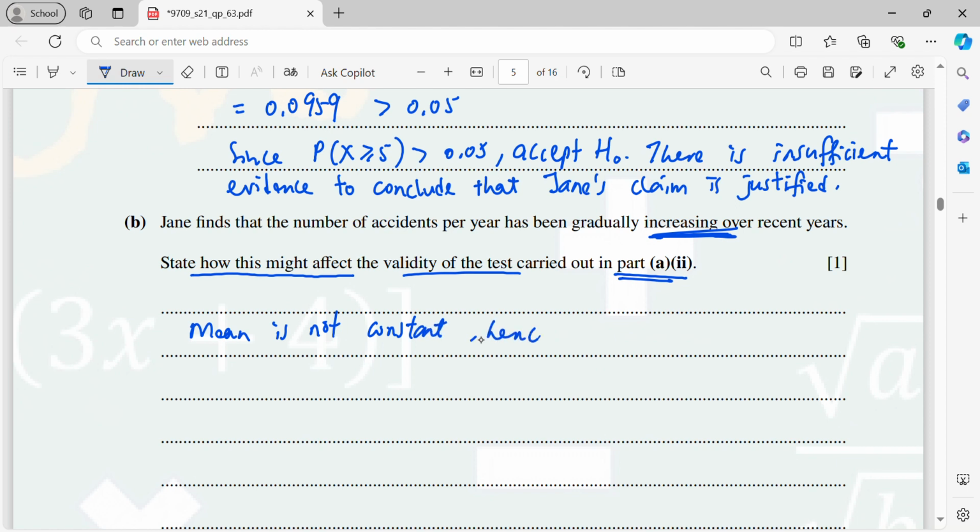Therefore, the Poisson distribution is not valid. You can say the Poisson model is not valid. Okay, so this is the effect on the validity of the test.